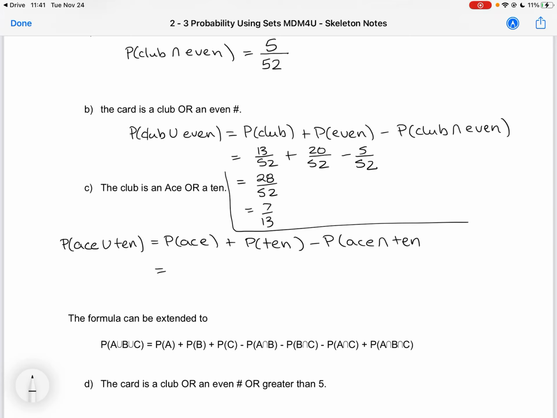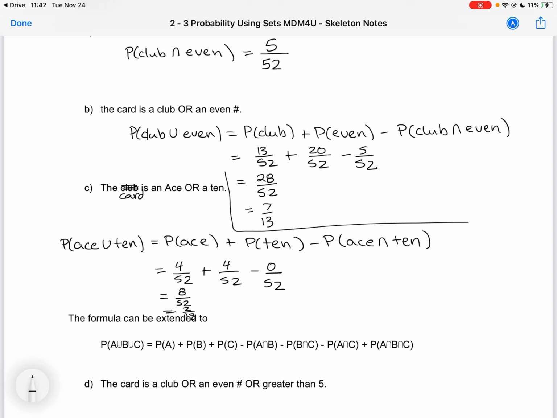So the probability that the card is an ace would be 4 out of 52. The probability that the card is a 10 would be 4 out of 52. And then we're going to take away the probability that the card is an ace and a 10. None of the cards in a deck fit that criteria. So this would give us 8 out of 52, which is going to simplify to 2 over 13 as our probability that the card is an ace or a 10.